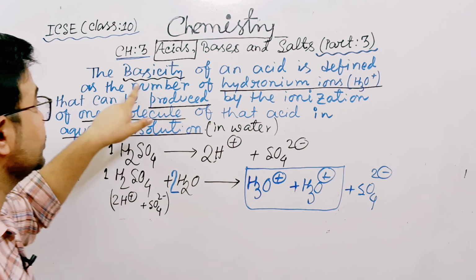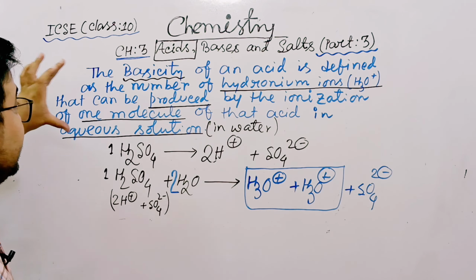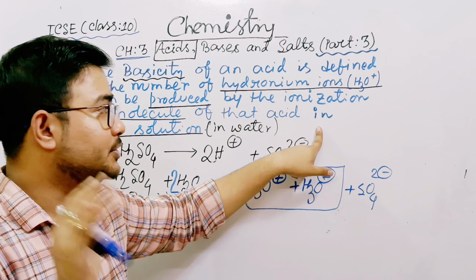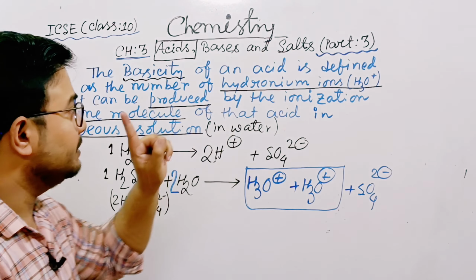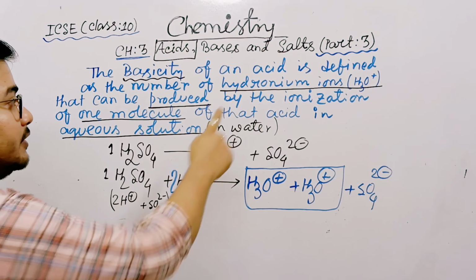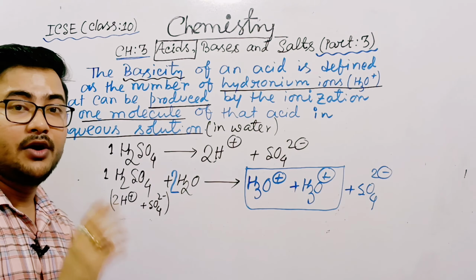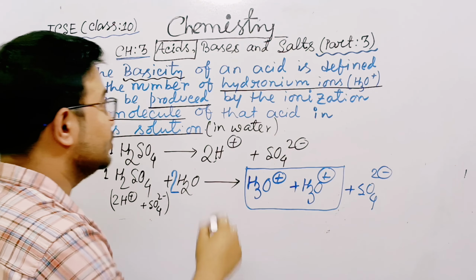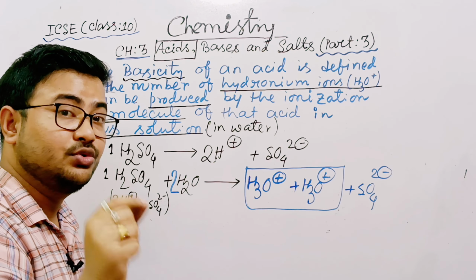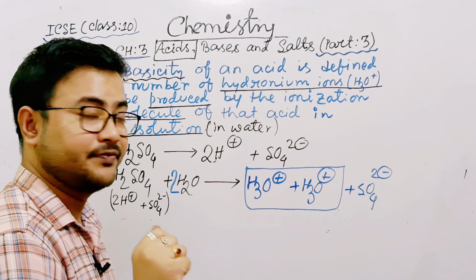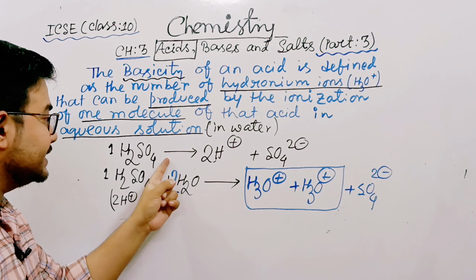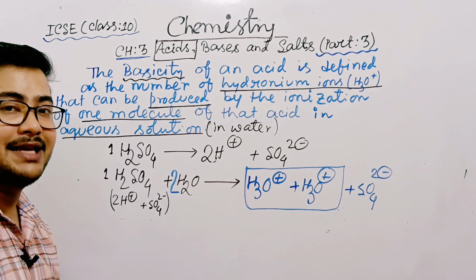So whenever this question comes in exam, define basicity, most students write down the same definition, but you have to underline the keywords. First, second, third, fourth. There are four keywords. So underline the keywords using a pencil. This is the way to write in your board copy. And you can give any one example, this example or the previous one that I discussed, HCl.